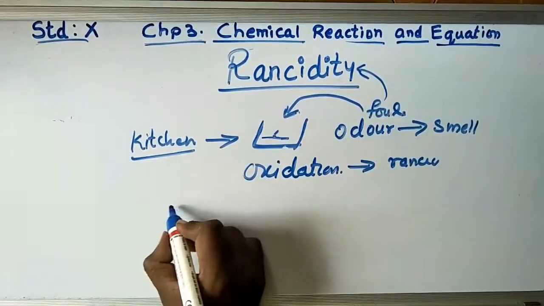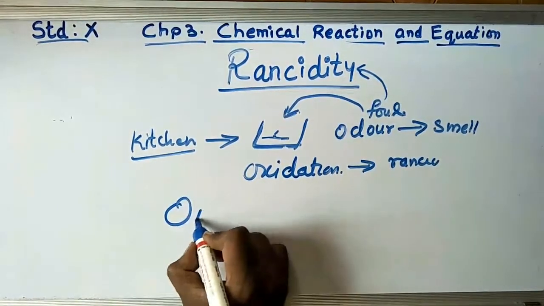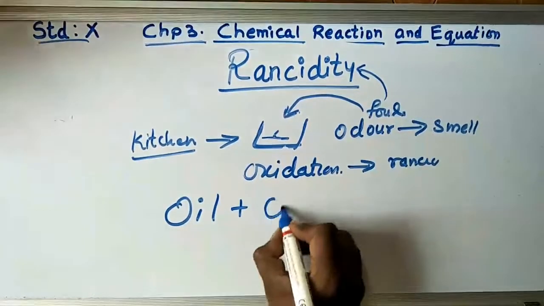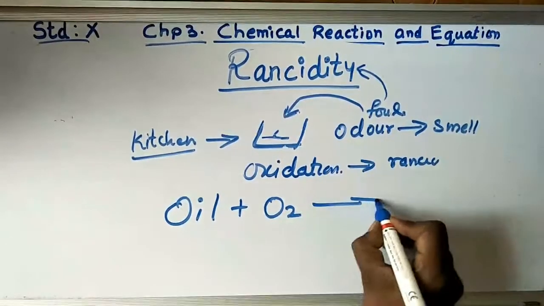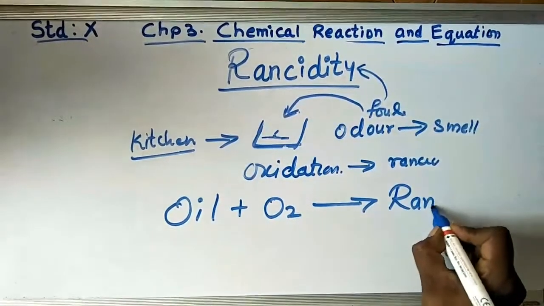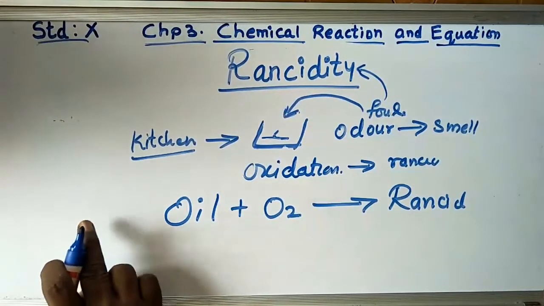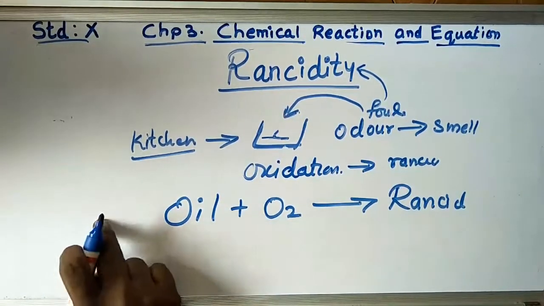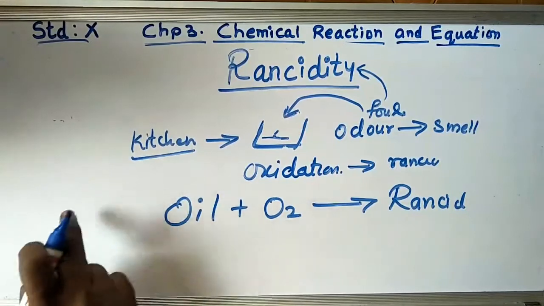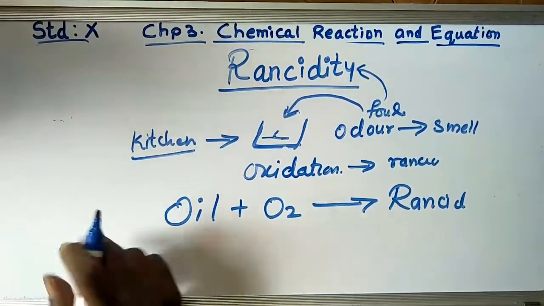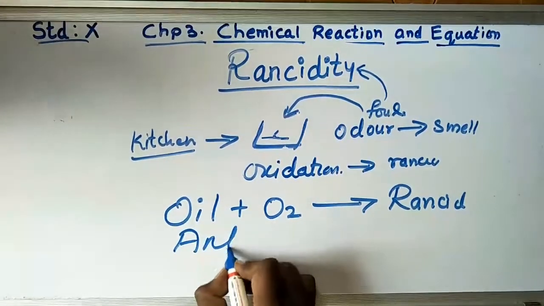In other words, oil plus oxygen becomes rancid. We call it rancidity. Rancidity in foodstuff cooked in oil or ghee is prevented by antioxidants.